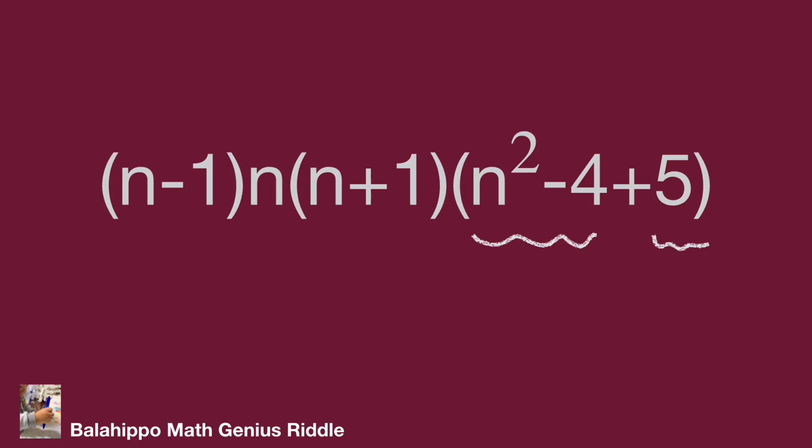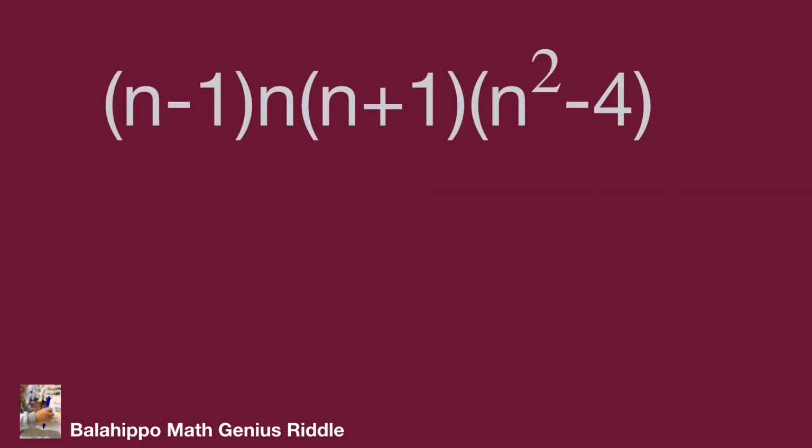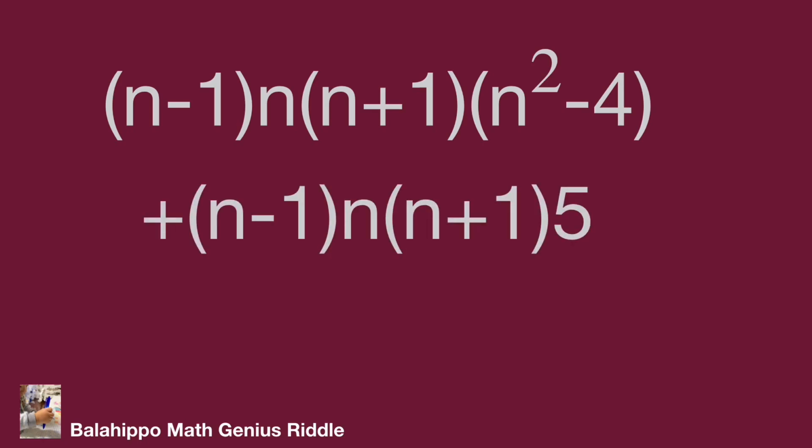Then develop it as (n minus 1) times n times (n plus 1) times (n squared minus 4), plus (n minus 1) times n times (n plus 1) times 5. The second item is divisible by 10. It has the factors 2 and 5.